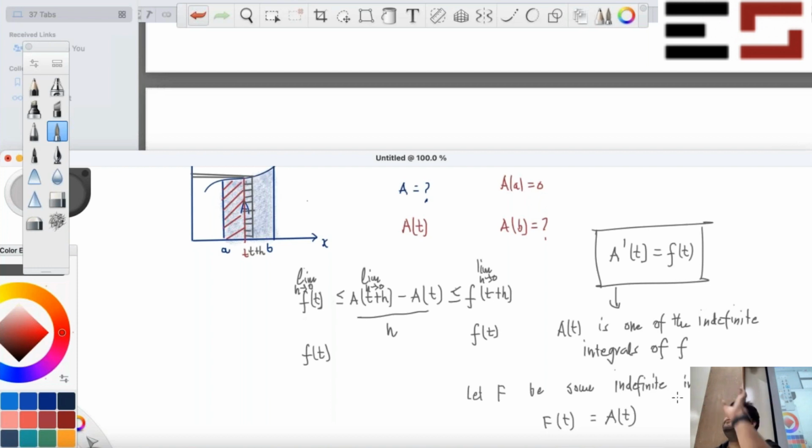If you took F of t, and I want to find A of t, the difference between us will be just some constant c, no matter what t we pick. Do you agree? Because basically they're just shifting by constants. If you took something else, I took something else, then our difference will be just c, everywhere. So do you agree that this is c? This equality will hold, no matter what indefinite integral you pick. Do you agree? Yes.